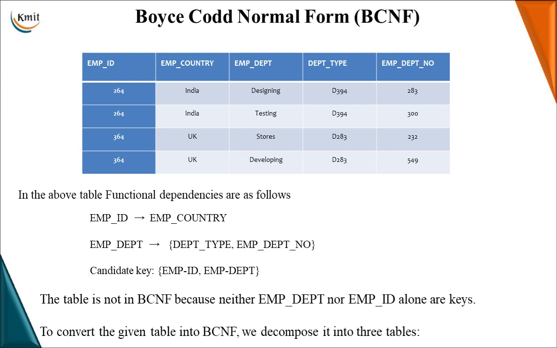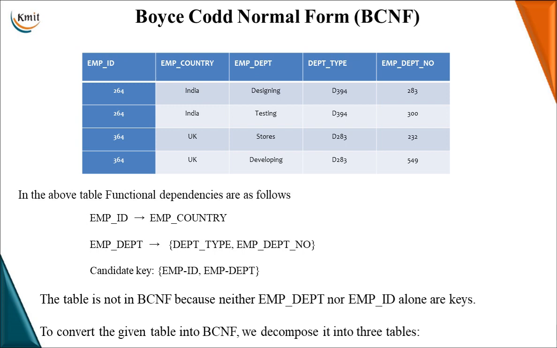The candidate key is going to be employee ID and employee department, because employee ID can determine the country and department can determine the department type and department number. Now the table is not in BCNF because neither employee department nor employee ID alone is a key.